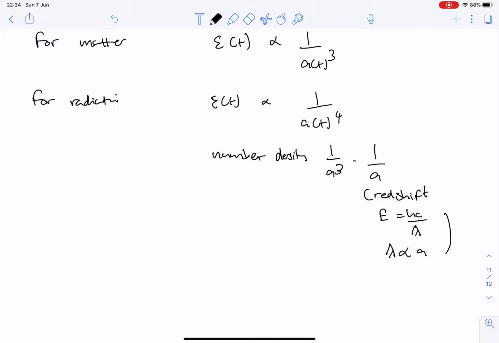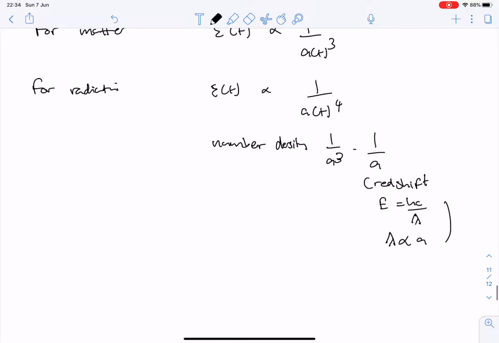So you have a number density of photons that goes down by 1 over a cubed, but the energy of your individual photon is also going down by 1 over a, so overall, it's 1 over a to the 4.